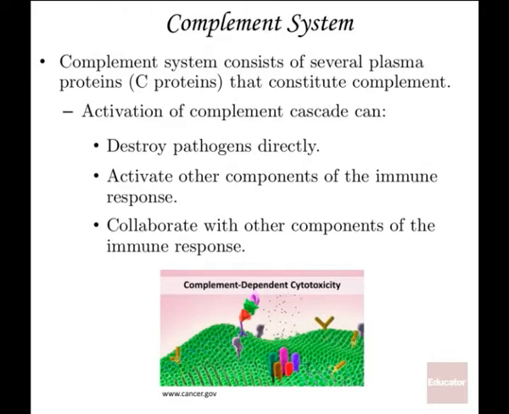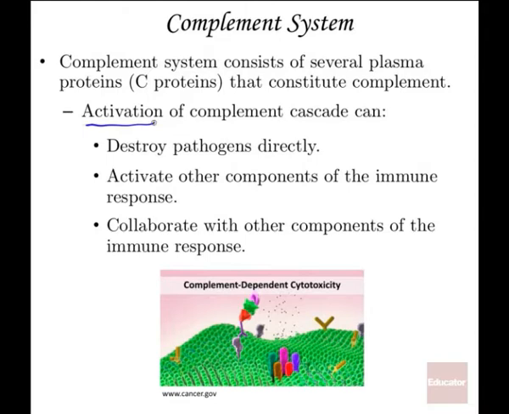The activation process of complement occurs in a series of steps, like a cascade. The activation results in the destruction of pathogens directly, so the complement can directly destroy pathogens.